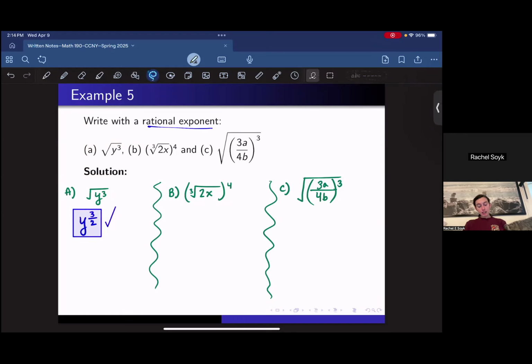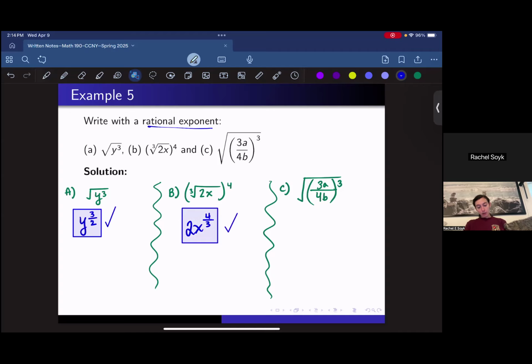That second example, our index is 3, and then it's being raised to the fourth power. So once again, that index goes into our denominator. We're looking at 2x raised to the 4/3 power. And we're done.